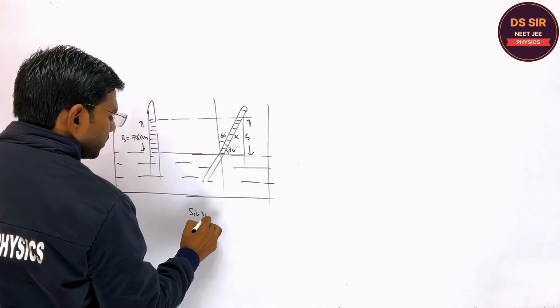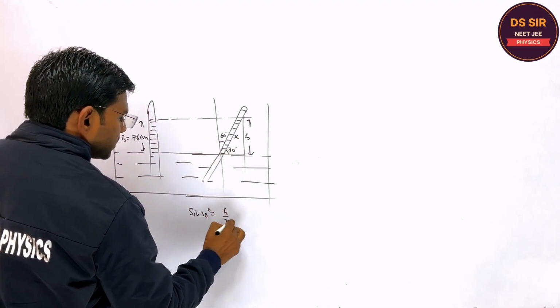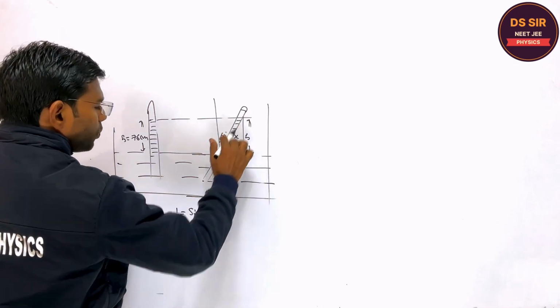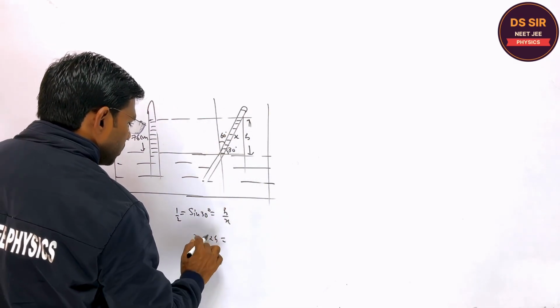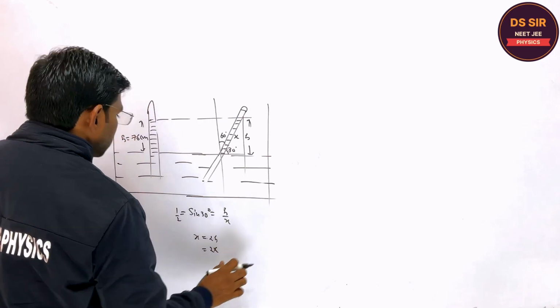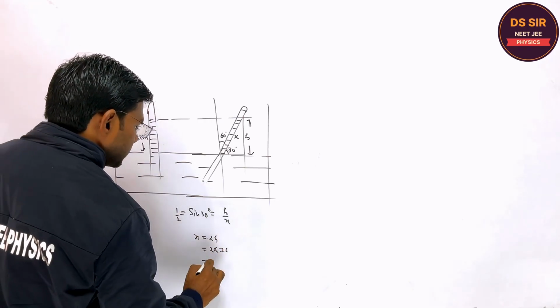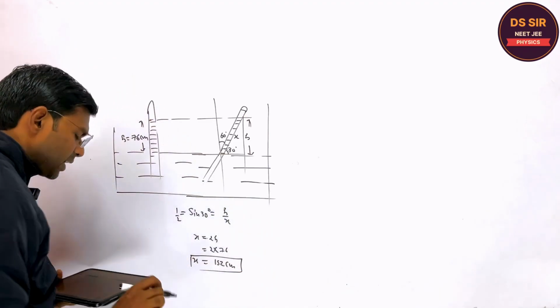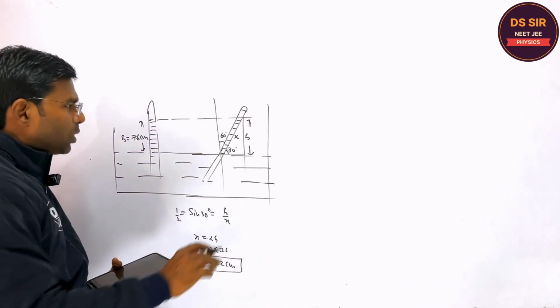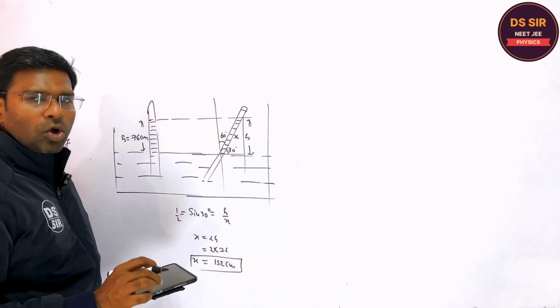Sine 30 is what? H upon X. This is equal to 1 by 2. So what is the X? It is equal to 2H. H is 76. So 152 centimeter is X. Are you getting or not? So what is the length of the mercury column in this tube?